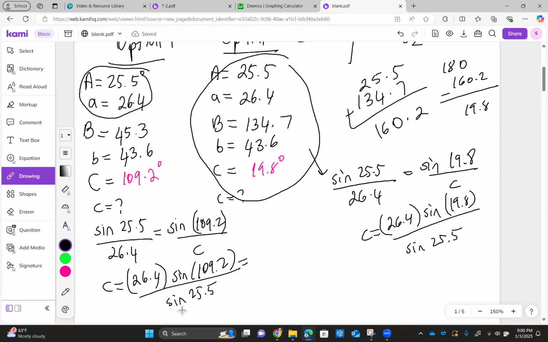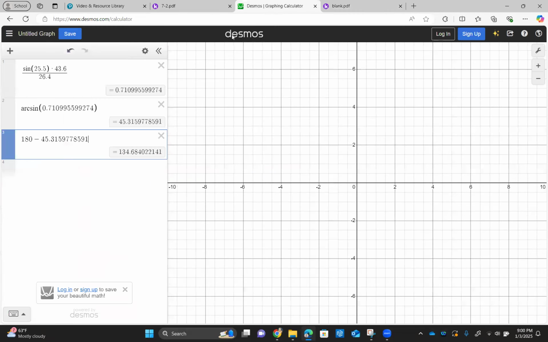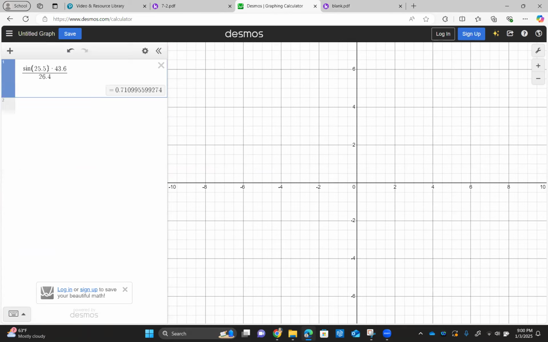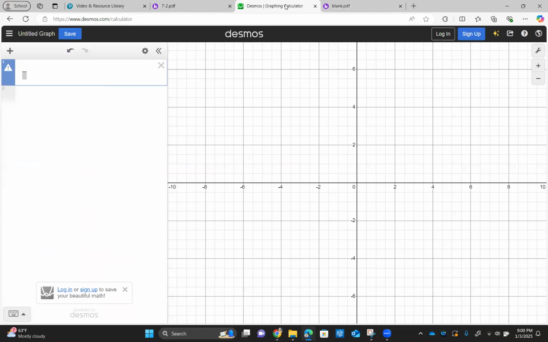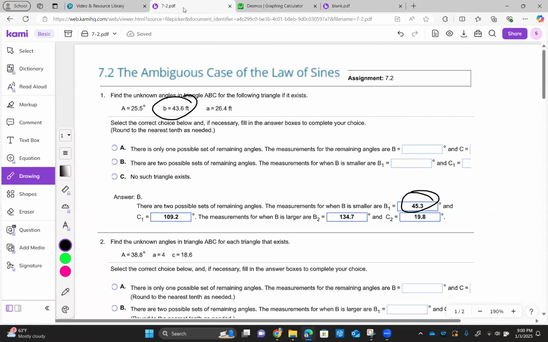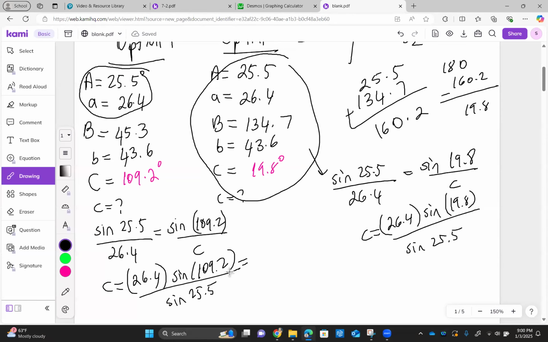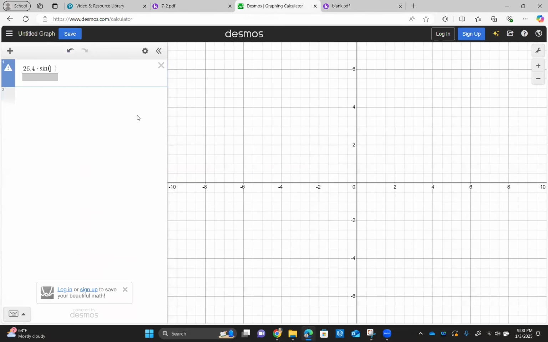So let's just input the first one. We will need 26.4, so I don't really need everything anymore. I am going to need 26.4 first, and I will multiply it by sine of 109.2, and then I will divide my answer by sine of 25.5.